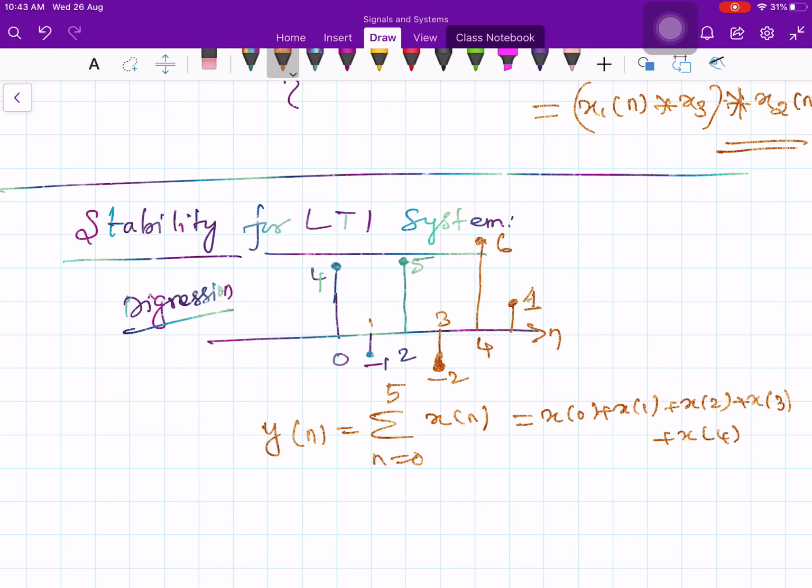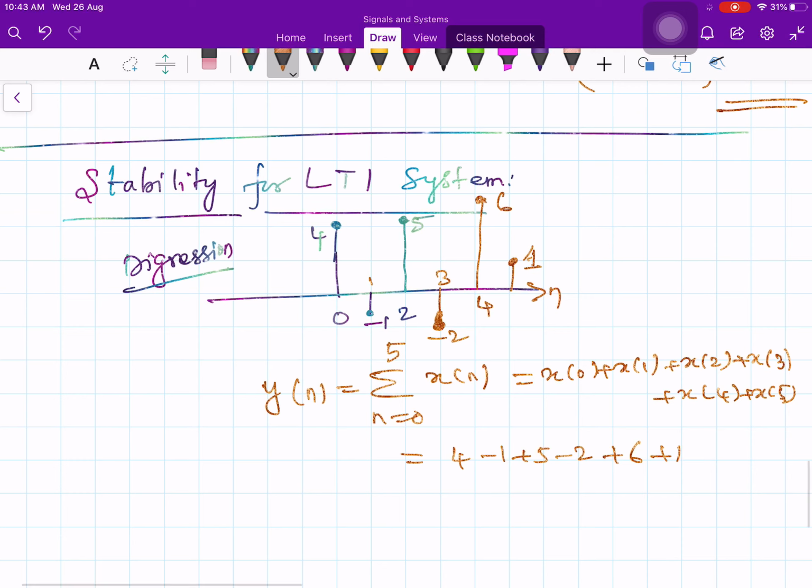So if you sum all the values, 4 minus 1 plus 5 minus 2 plus 6 plus 1. So this is equal to 4 minus 1 is 3, 5 plus 3 is 8, 8 minus 2 is 6, 6 plus 6 is 12, 12 plus 1 is 13. This is the answer.